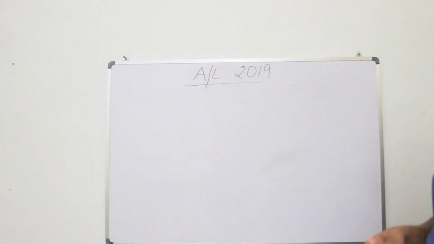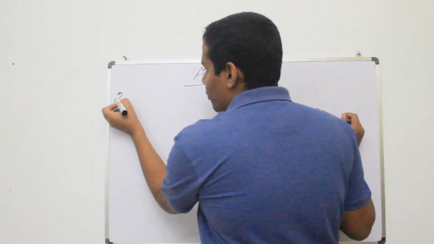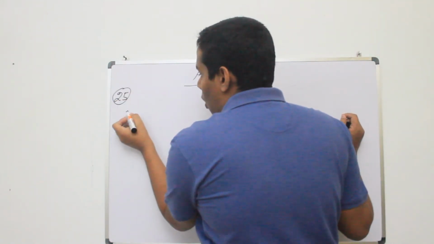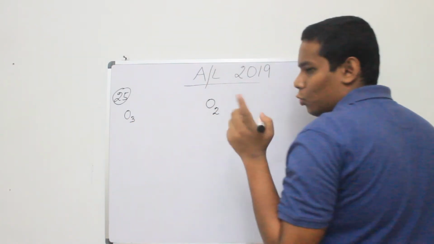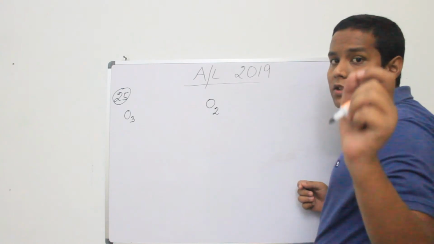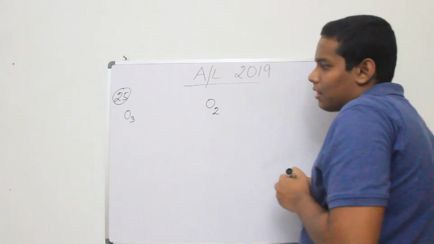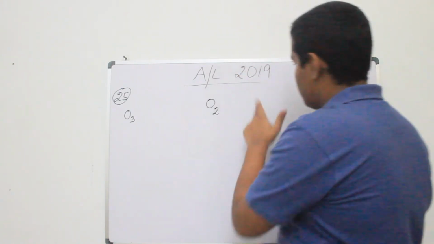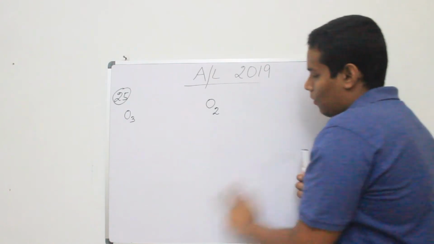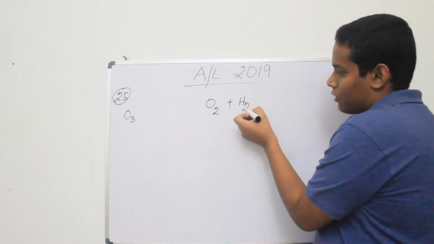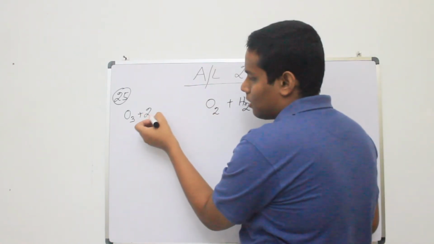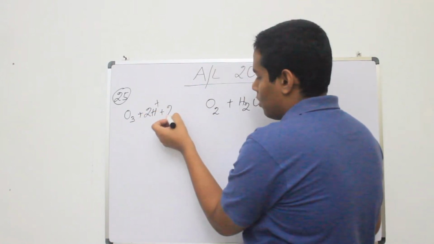First of all, write down the equation for 25. O3 converted to O2 in the presence of an acidic medium. So here 3 oxygen, 2 oxygen, so 1 oxygen should come from water. So O3 plus 2H plus plus 2 electrons gives O2 plus H2O.